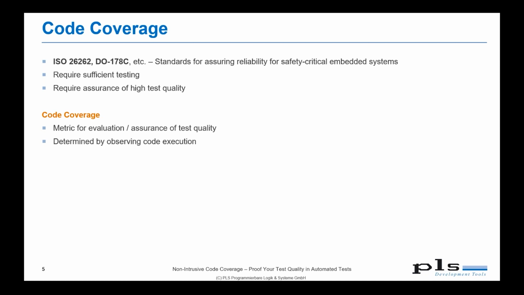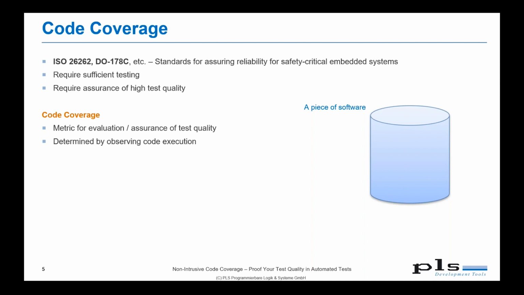Basically, code coverage indicates how much code was actually executed, triggered by the test cases, by observing the code execution. I'd like to show you this on a very generic example here on an illustration.